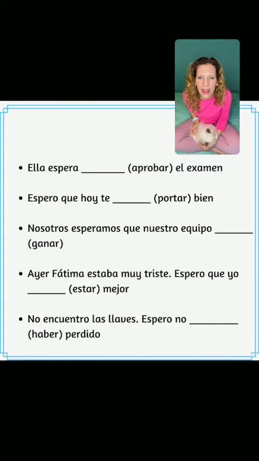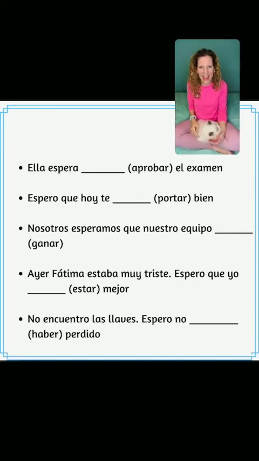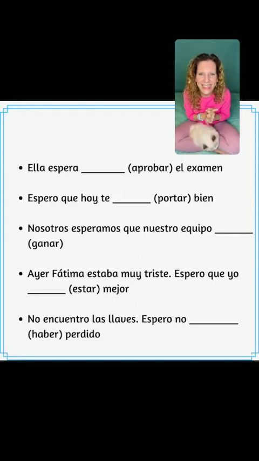Muy bien, perfect. Don't worry if you don't know how to conjugate the subjunctive mood. I just want you to think about indicativo or subjuntivo. Perfecto. Muy bien.